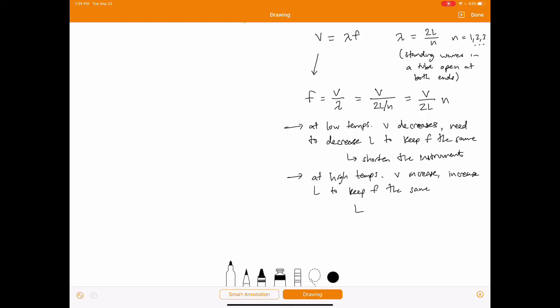And that means you're lengthening the instrument. So most wind instruments have some way of either shortening or lengthening the instrument to make these fine adjustments to keep frequencies the same, because of course sometimes the temperature changes and you're going to need to compensate for that. So this is how it works.